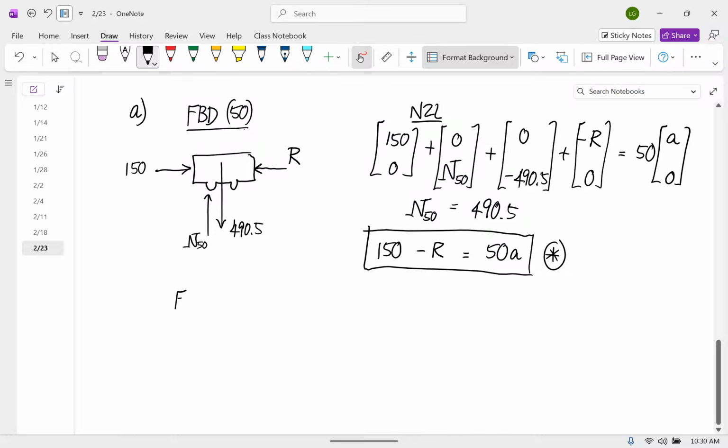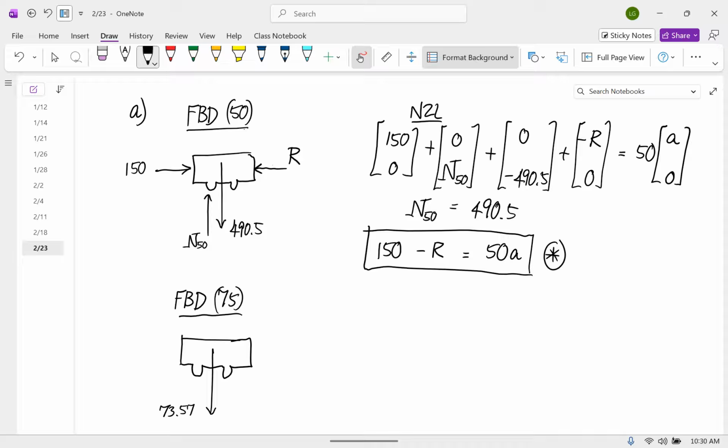And now I'll go to the 75. The downward force is 735.75. There's a pushing force from the ground. I'll call that N75.